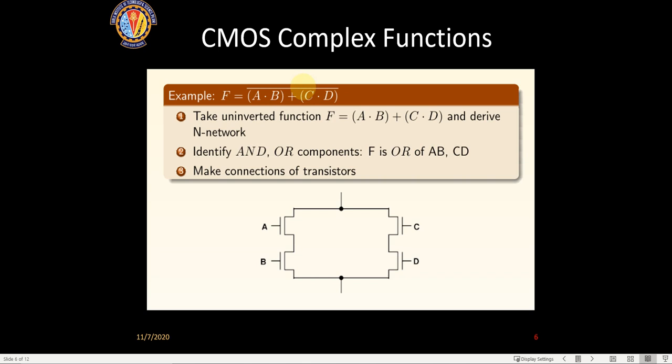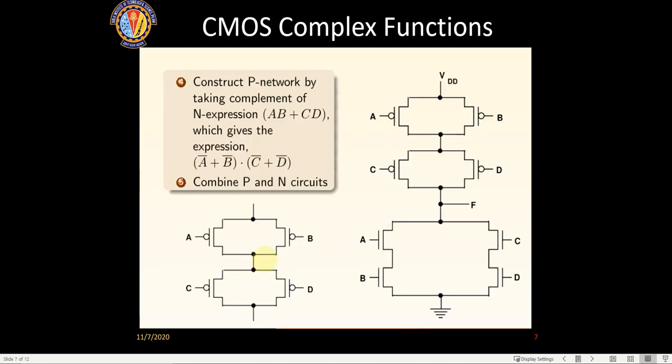There is, in this specific example, an invert. So if you take the invert of that function, you will get a dash b plus c dash d. Then in the NMOS network we will implement it this way: a b, c d. Once we have done that, we make the complementary in the PMOS.